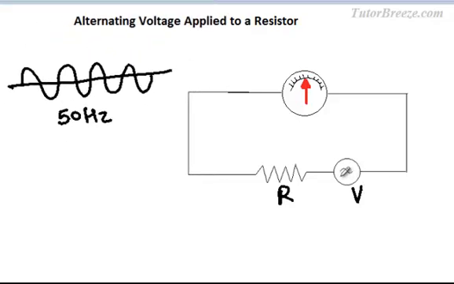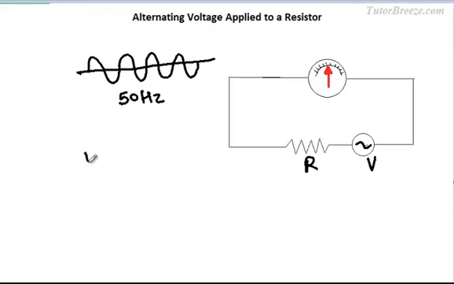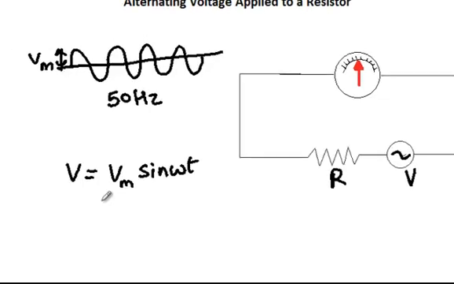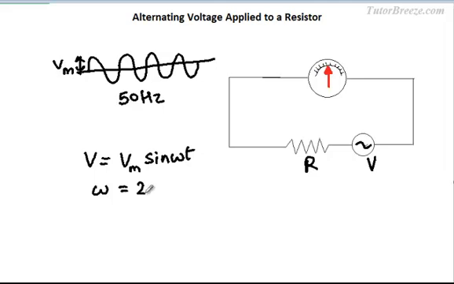Now the alternating voltage source that provides the alternating current to the circuit is denoted as shown here. You have a little sine wave drawn over here, and the voltage V is represented by Vm sine omega t, where Vm is the amplitude of the voltage source, omega is the angular frequency, and omega is equal to 2 pi f, where f is the frequency of the voltage source.